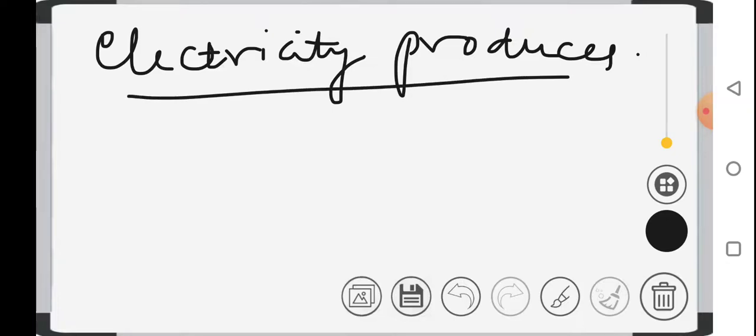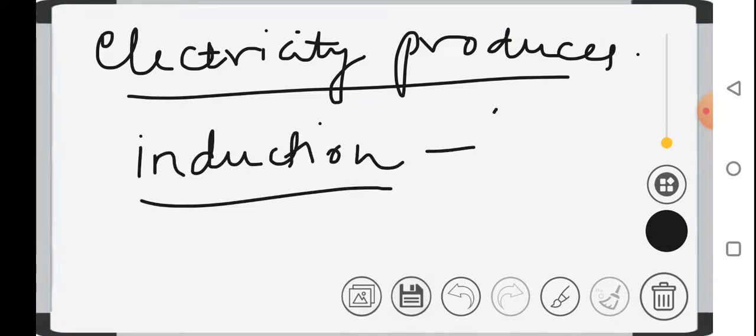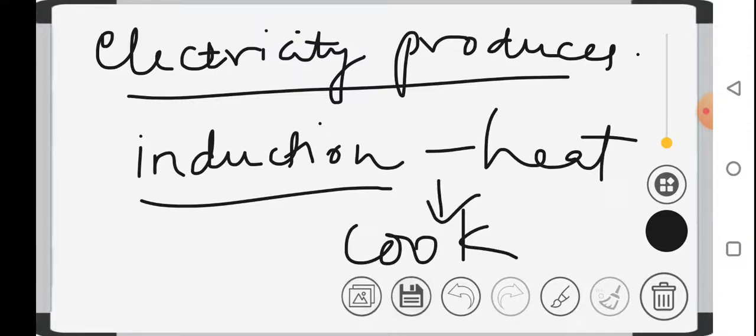Like how? You already know the induction plate. You have an induction plate or induction cookware at home, right? So the induction plate also produces heat, due to which you can cook your food, right? What else? You have a room heater.